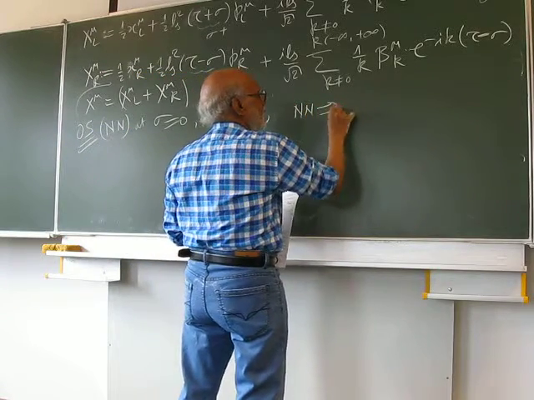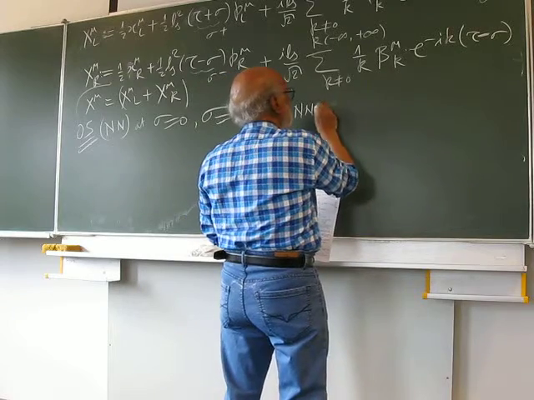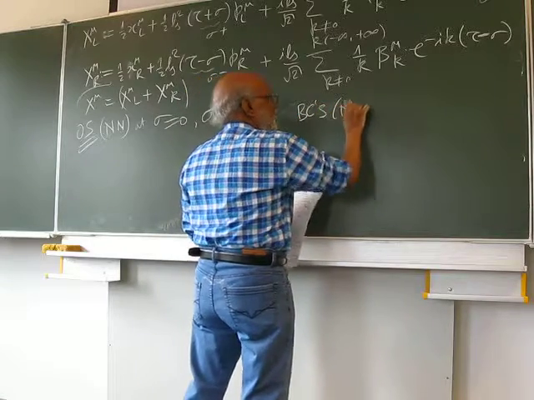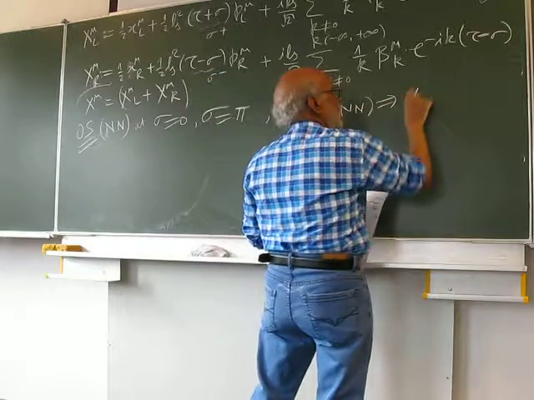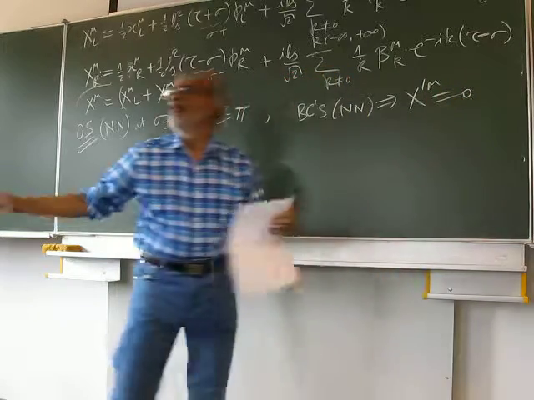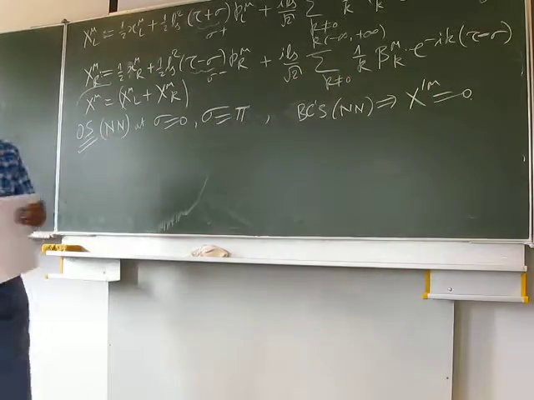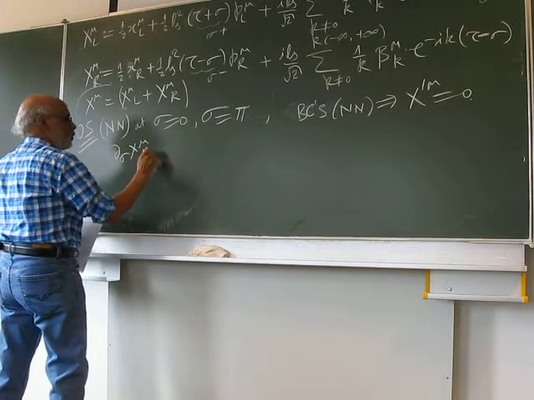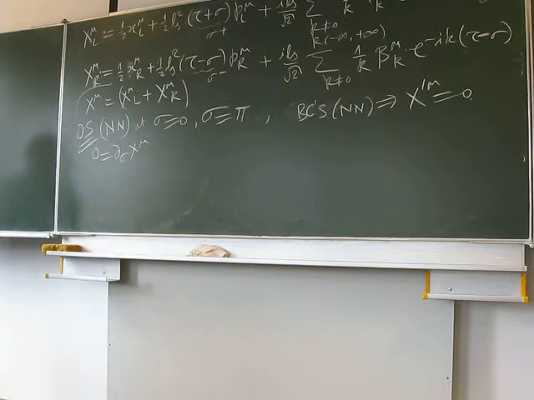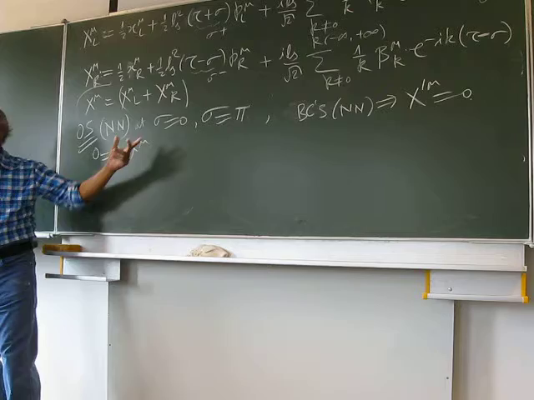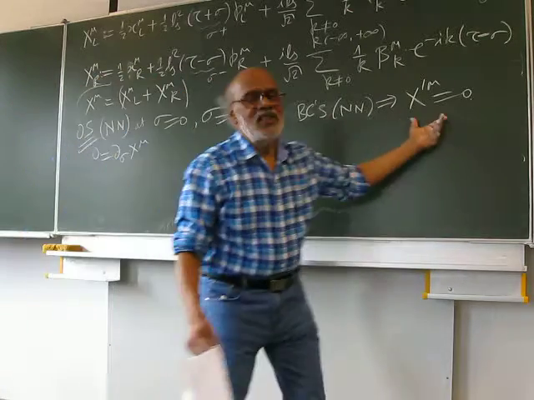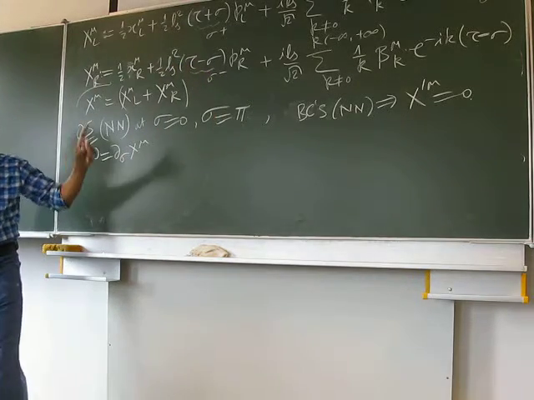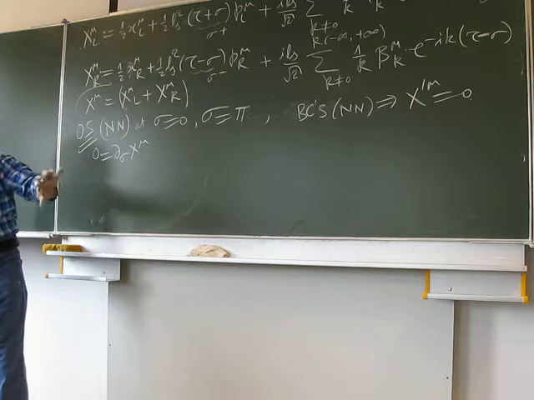Neumann conditions tell us the boundary conditions: x prime mu equal to 0. So what you do is you consider del sigma x mu equals 0, the space derivative of x mu. The space derivative of x mu has to vanish at sigma equal to 0 and at sigma equal to pi.